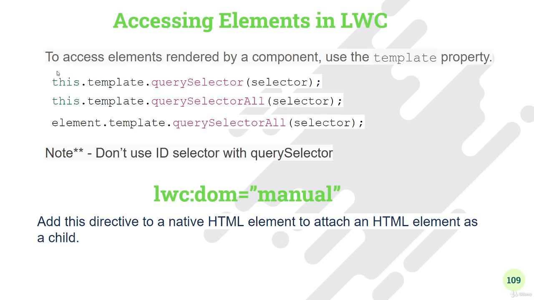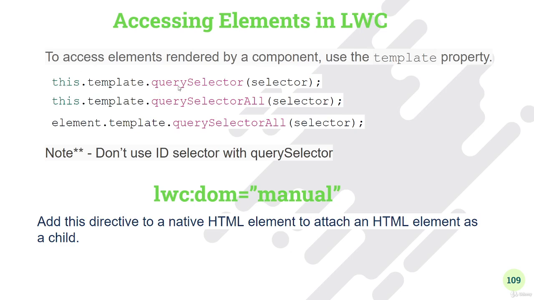This dot template points to the current component, not to all components or the whole page. It says, okay, I am in this particular component and I can fetch only those elements that are related to this particular component. That's why we use this dot template.